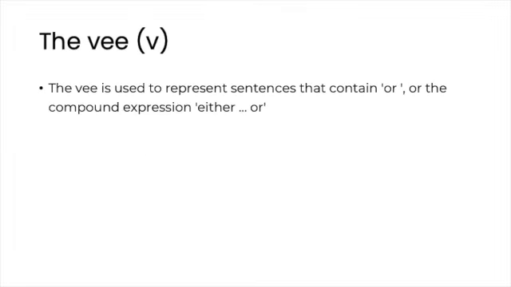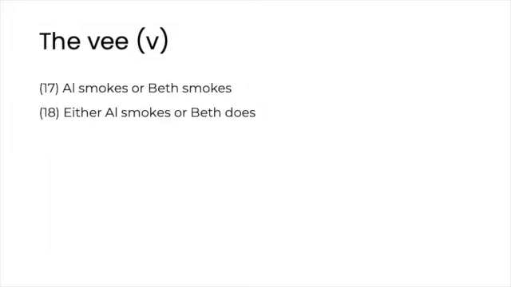Now let's discuss the V. The V is used to represent sentences that contain or, or the compound expression either or. So both of these sentences, Al smokes or Beth smokes, either Al smokes or Beth does, would be represented in the same way as A V B. In English, we also have combinations of negation and disjunction that are quite typical, such as neither nor.